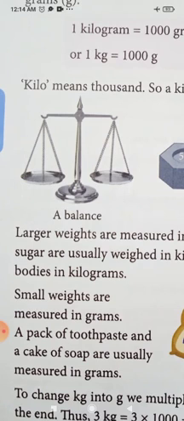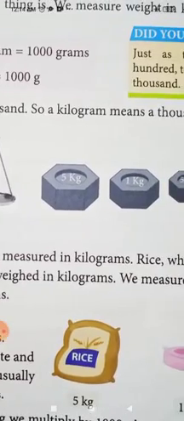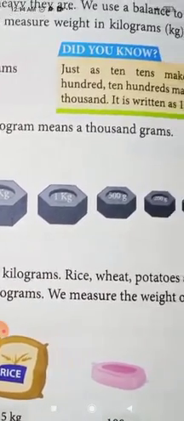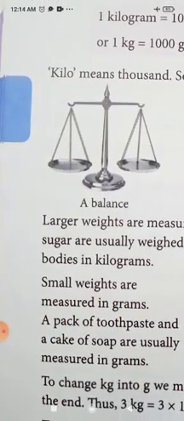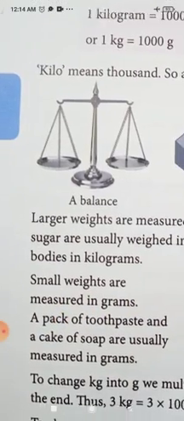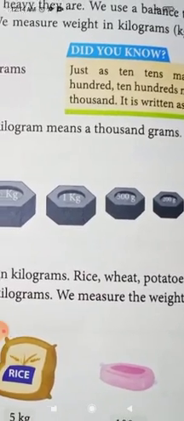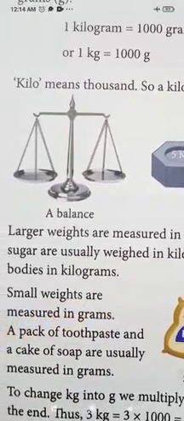The meaning of kilo is equal to 1000. So kilogram means automatically 1000 grams.